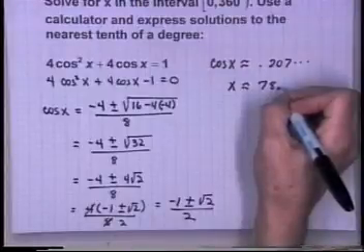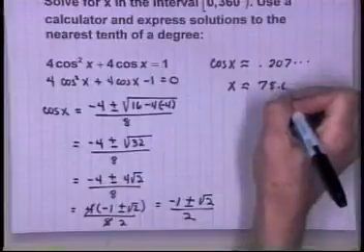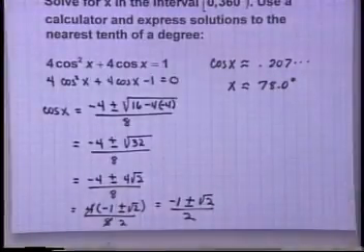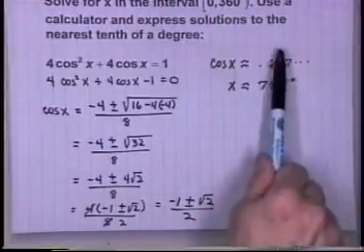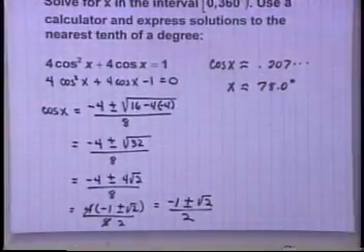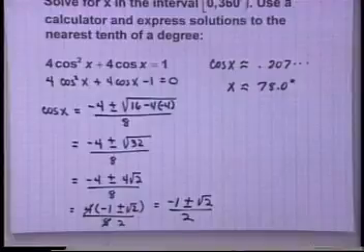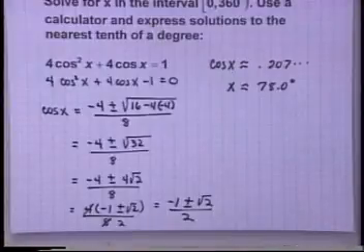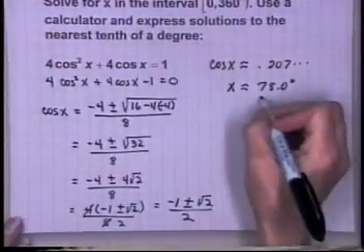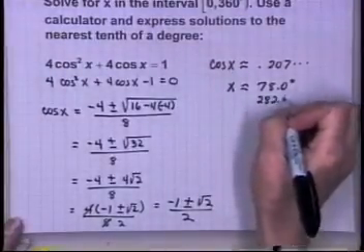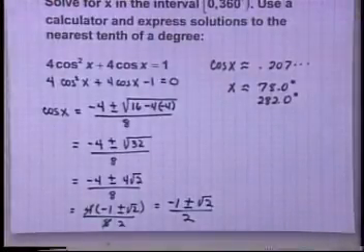Let's say nearest tenth of a degree, that's not quite, I've got 0.04, so I'm just going to say 78.0 degrees. Okay, now while we're here, the cosine value was positive. That's my quadrant 1 answer. The cosine is also positive in quadrant what? 4. So I need 360 minus that 78, which gives me 282.0 degrees as my second value.